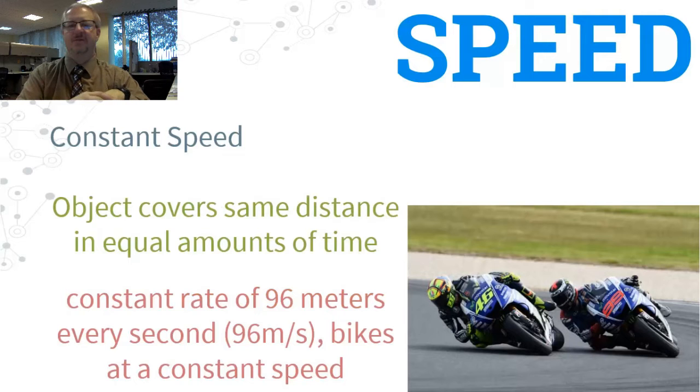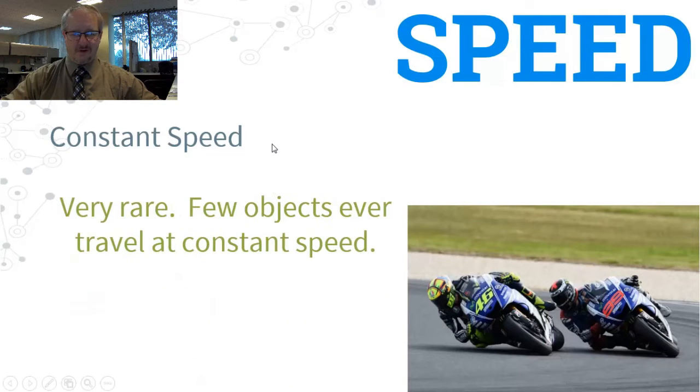For instance, if these race bikes were racing at a constant speed of 96 meters every single second, which would be 96 meters per second, then you could say these bikes are at a constant speed. However, we know that it's very rare that an object would move at a constant speed. So we have to take chunks of the time intervals and create basically an average speed. We're going to get to that.